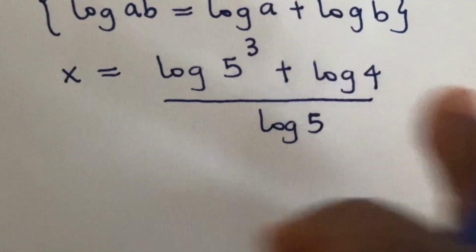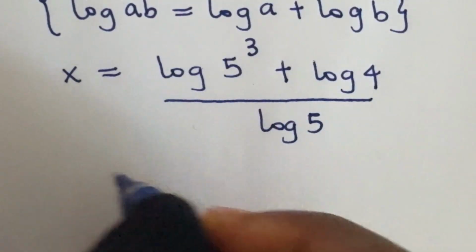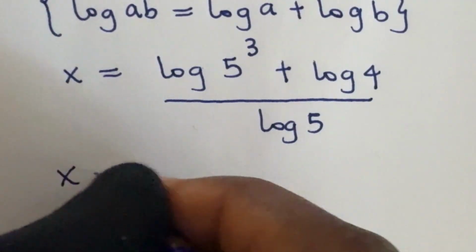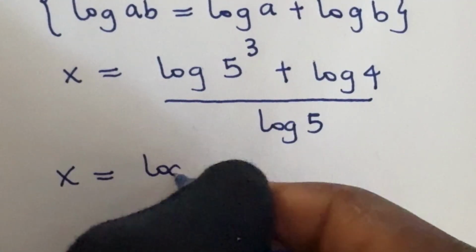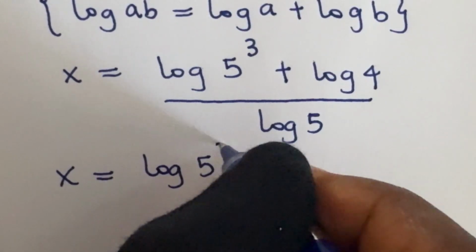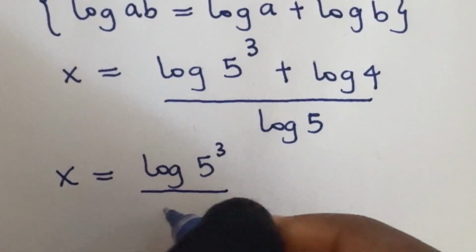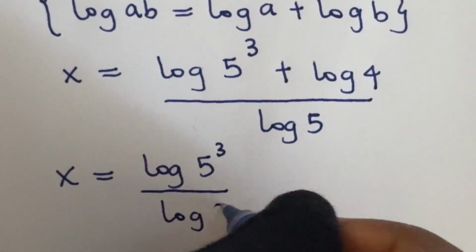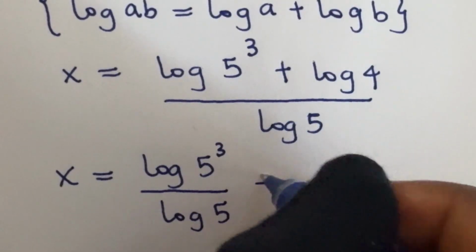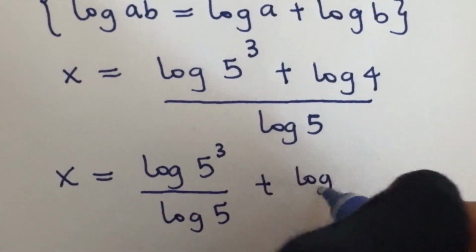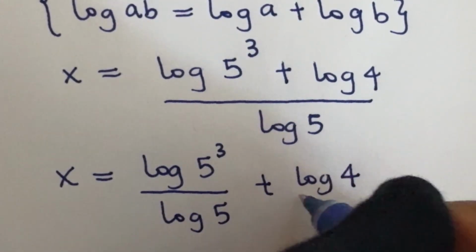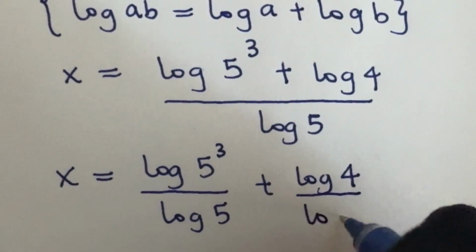We can also separate this division into x is equal to log 5 raised to power 3 divided by log 5, then plus log 4 divided by log 5.